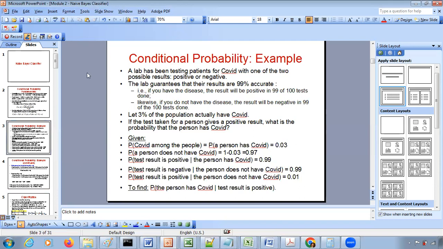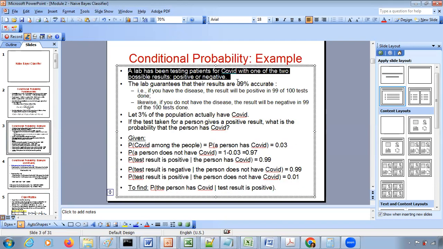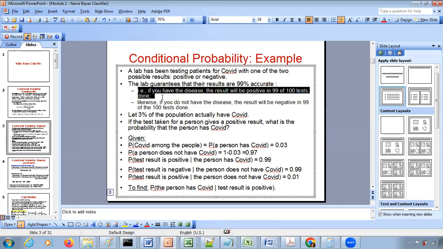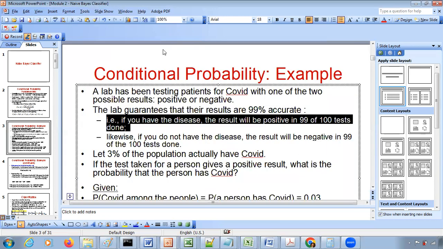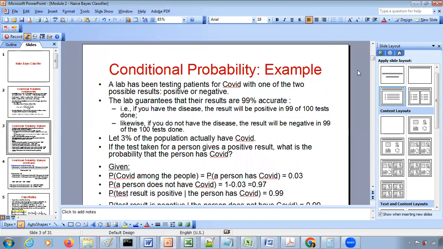So consider a lab that has been testing patients for COVID with one of two possible results of a lab test, either a positive result or negative result. And the lab guarantees that the results are 99% accurate. That means if we have the disease, the result will be positive in 99 of 100 tests done.